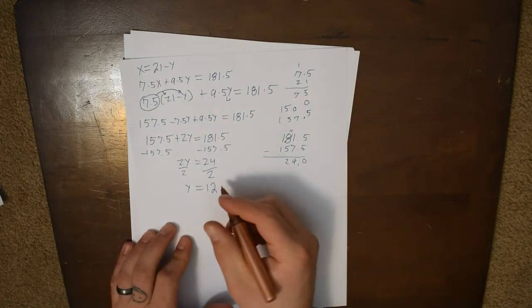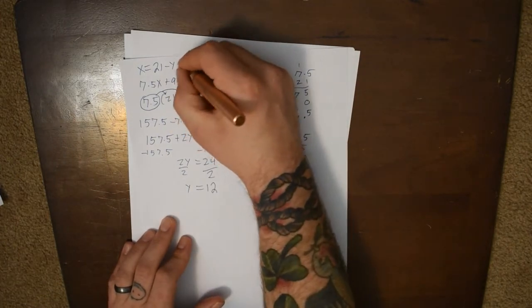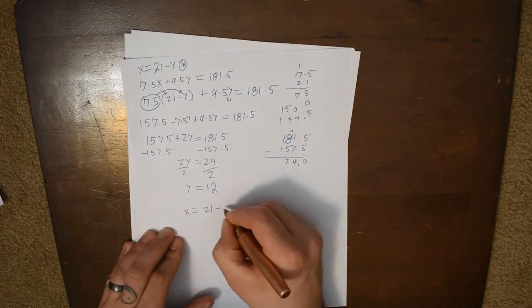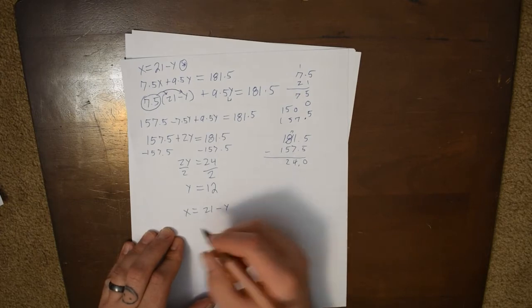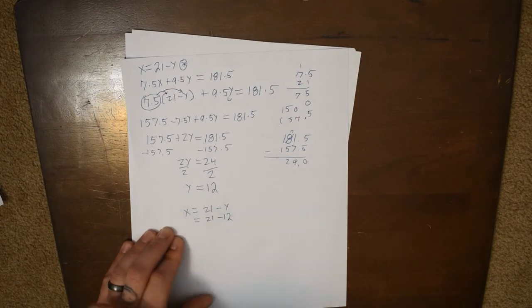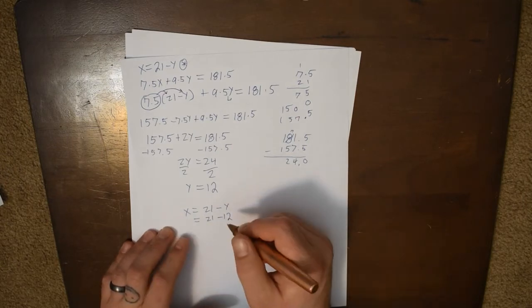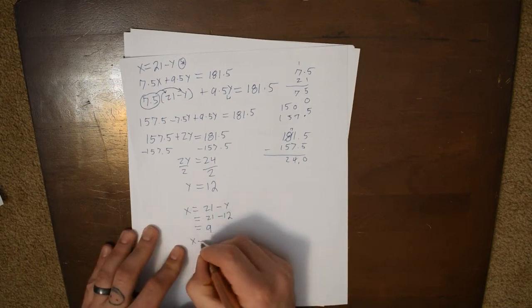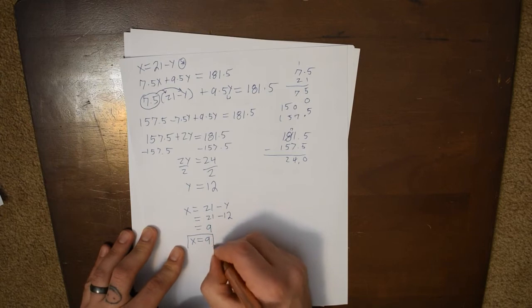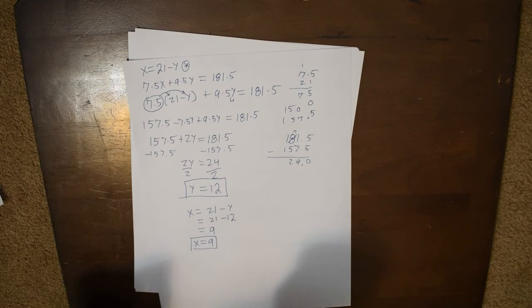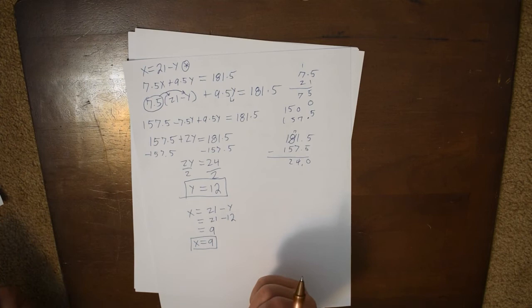Now that we know what y is equal to, let's go back up to the top equation. We know that x is equal to 21 minus y, and y is 12. That means x is equal to 21 minus 12, and that means x has to be equal to 9. But we have to answer the question in the context of the problem.